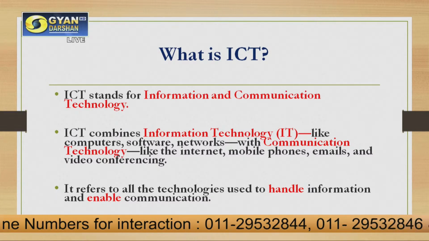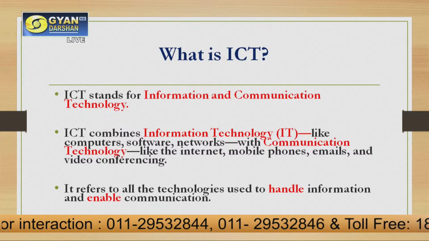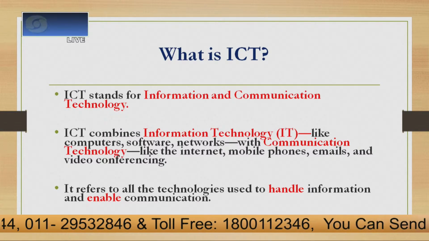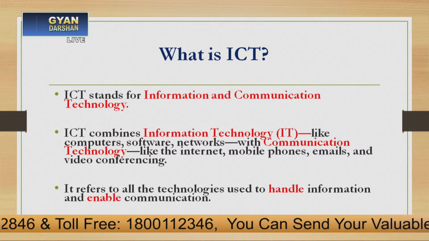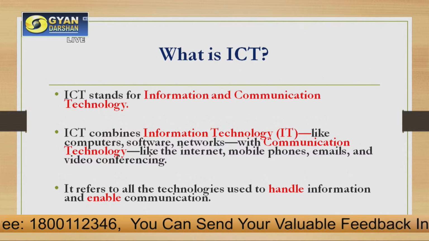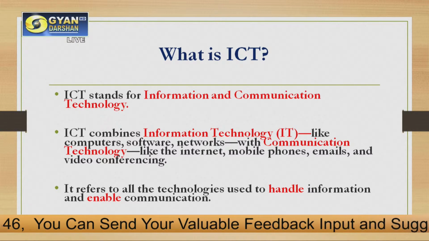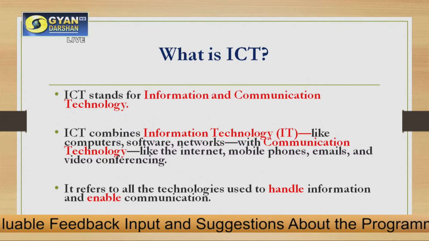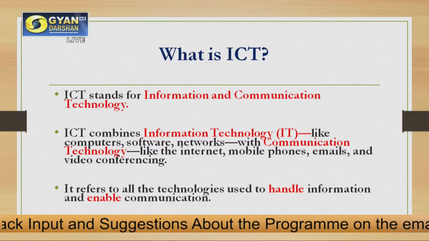Now when we talk about ICT, we bring these two terms together and call it information and communication technology. As you see on the screen, the last point says ICT is the technology used to handle information and enable communication.